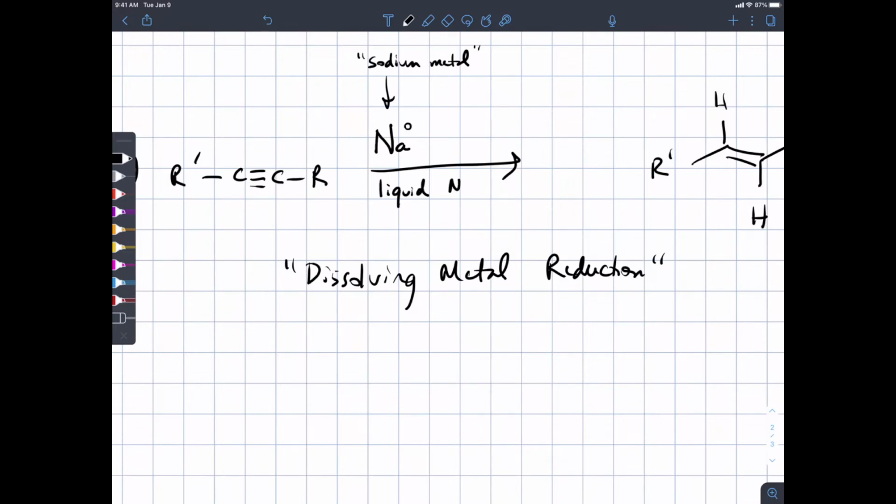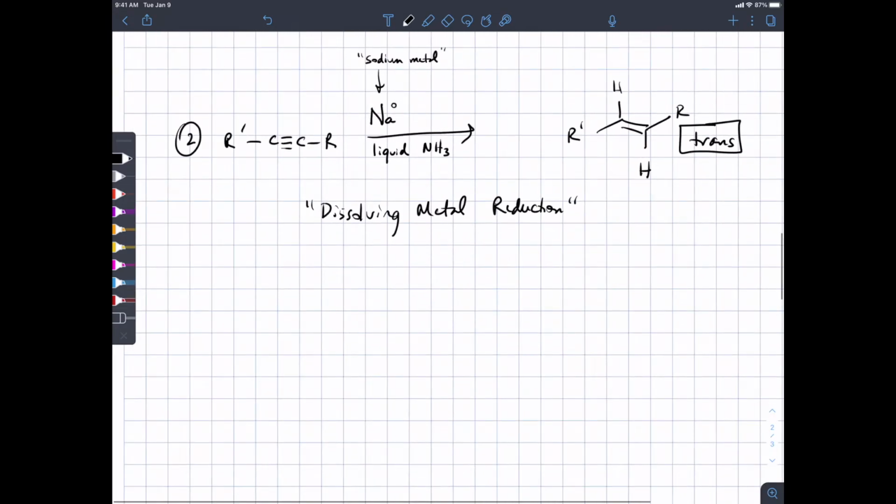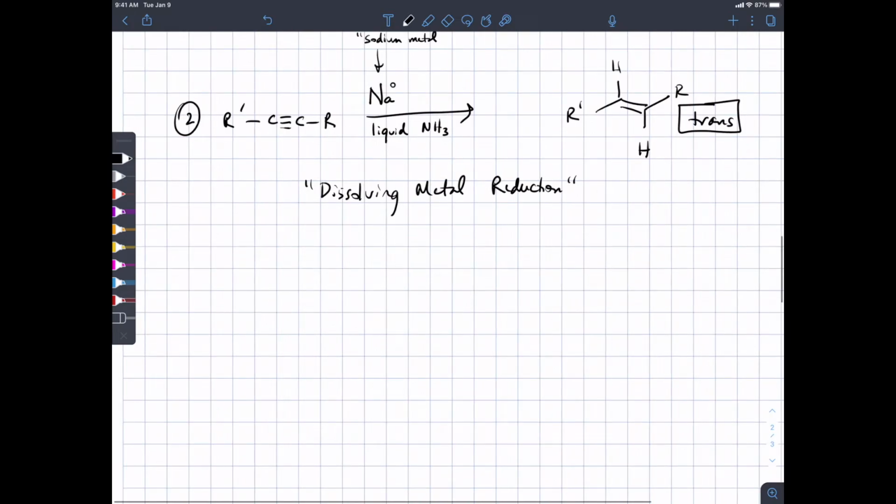Liquid ammonia. Ammonia is a gas at room temperature, and so you have to actually generate the ammonia liquid first by condensation on something cold. You have to keep your flask cold. How this occurs practically is not that big of a deal.